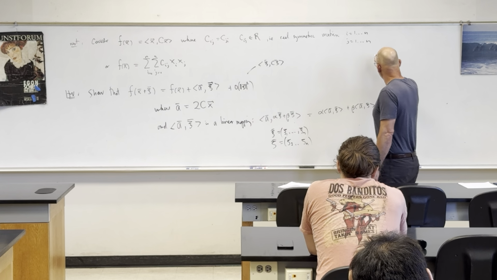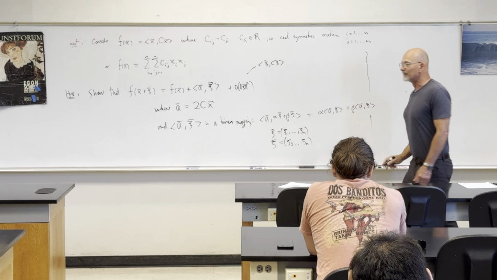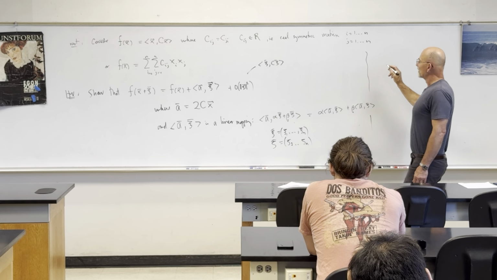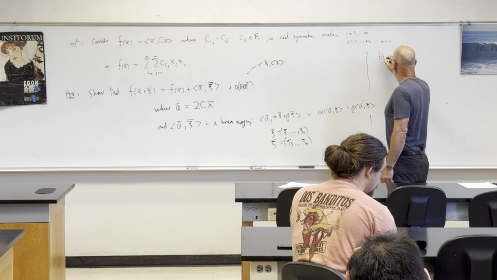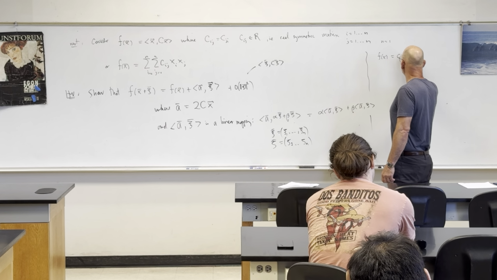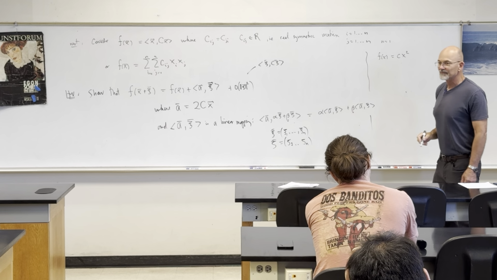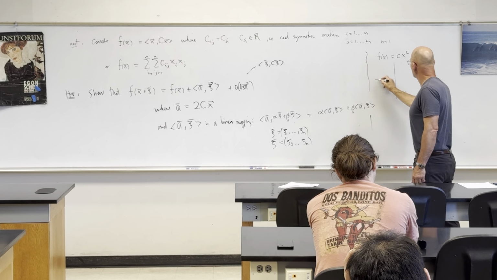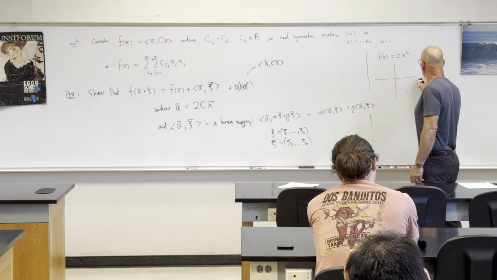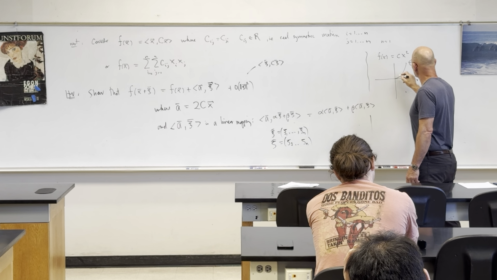So you always want to see these complicated things as familiar objects. Suppose you had n equals 1, so that f is equal to c x squared, and you drew a graph of it. It's going to look like this.